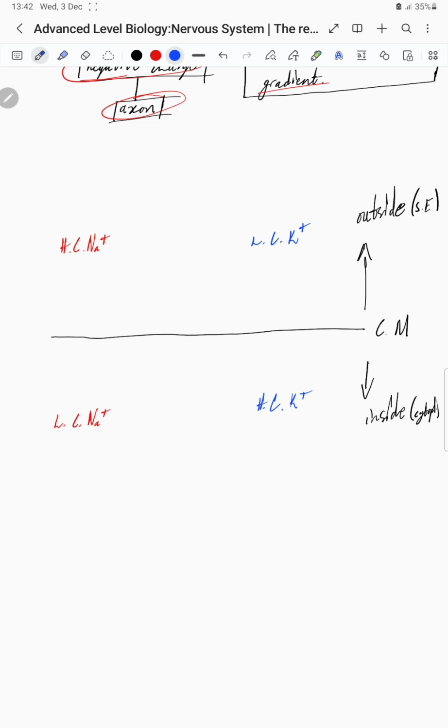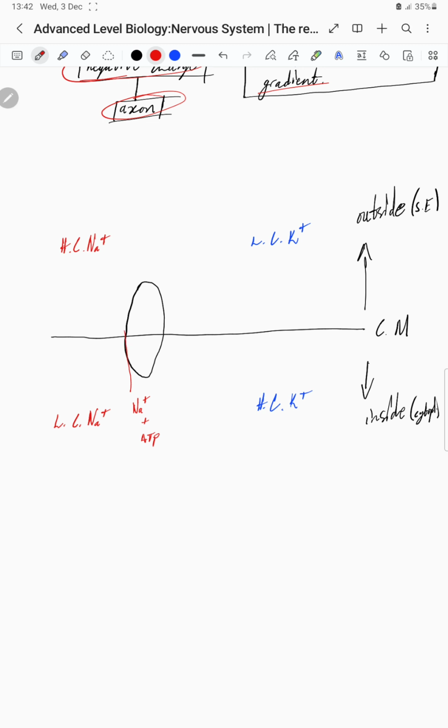Now, let's go to the sodium potassium pump. We said we have what we call sodium potassium pumps. So the sodium potassium pump accepts sodium ions plus ATP.